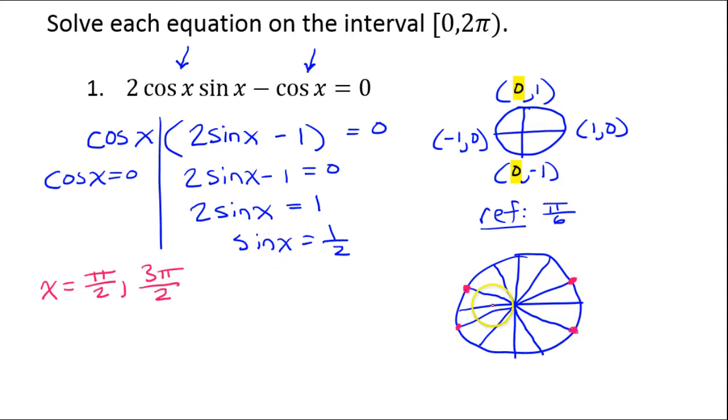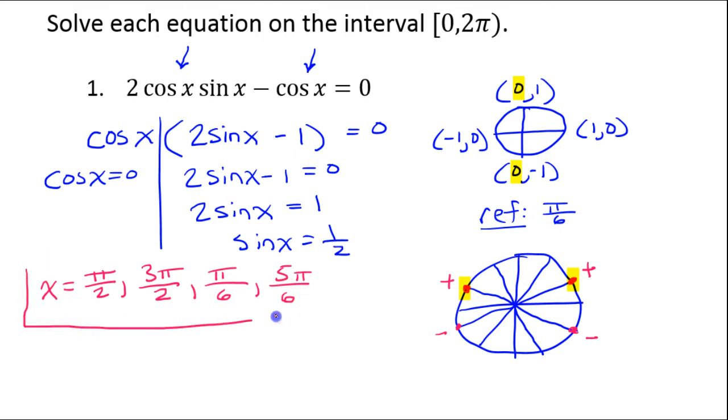The sine of any of them will give me some kind of 1/2, but these two will be positive 1/2 and these two will be negative 1/2. Sine is the y value. It's positive up and negative down. In this particular case, we want positive 1/2. So that's why these two angles will be our solutions. So added on to the list will be pi over 6 and 5 pi over 6. So these are the 4 solutions to the equation number 1.